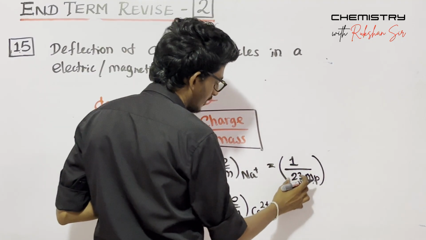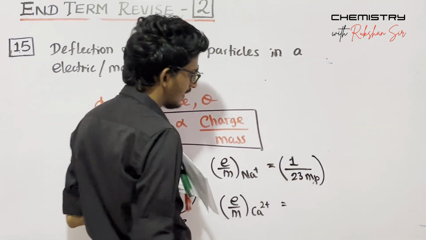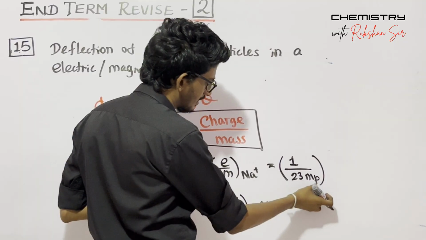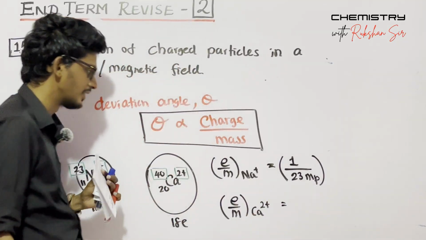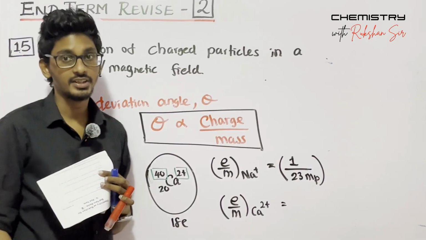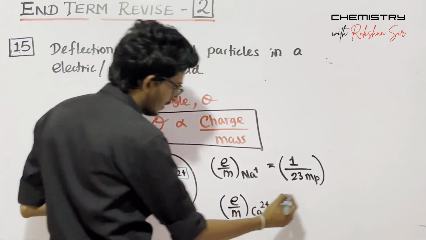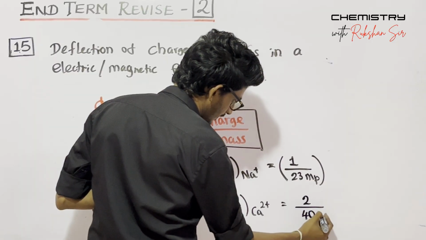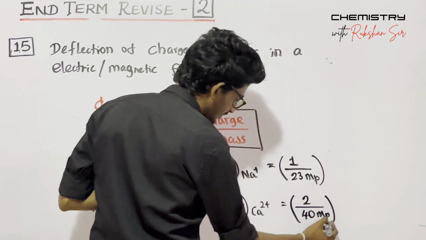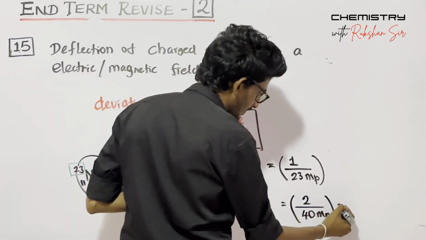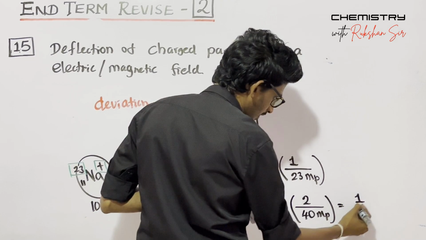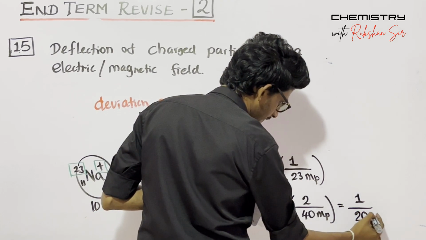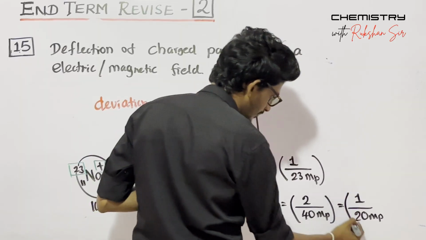With the 23, you are with protons and neutrons. We can consider the protons and neutrons as having the same masses, as those guys have closely related masses. So for calcium, you can write it as 2 over 40 of the protonic mass. You can simplify this, it will be 1 over 20 of m_p.